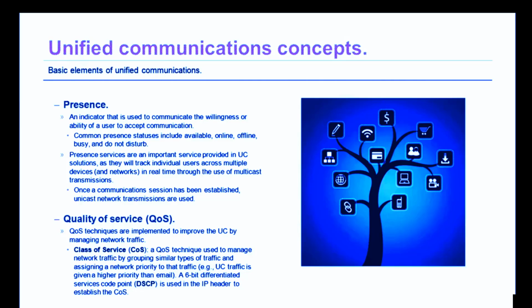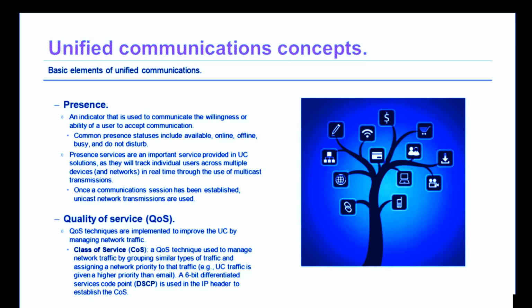Presence services are an important service provided in UC solutions, as they will track the individual users across multiple devices and networks in real time through the use of multicast transmissions. Once a communication session has been established, multicast communication is dropped and unicast network transmissions are used.